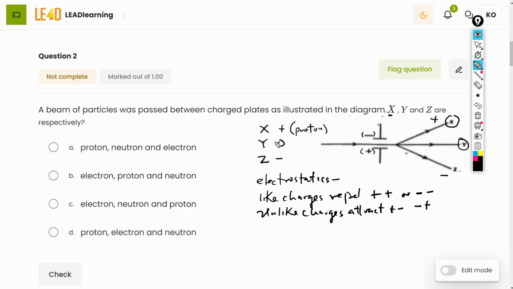And if Y is 0 or neutral, the particle of the atom that is neutral is the neutron. And if Z is negative, the subatomic particle that has a negative charge is the electron. So in that order, X, Y, and Z, it's proton, neutron, and electron. That gives us option A as our correct answer.